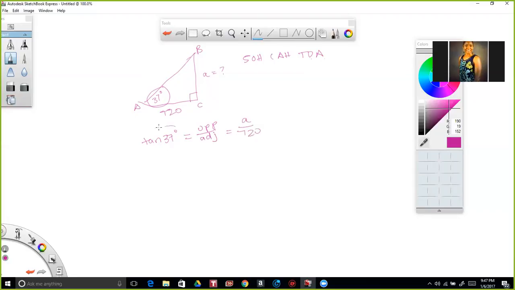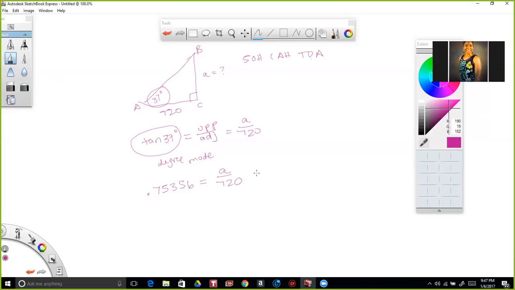Now we can actually evaluate this. You want to make sure your calculator is in degree mode, because if it's in radian mode, you're going to get the wrong answer. When you do tangent of 37 degrees, you will get approximately 0.75356, which is equal to A over 720.